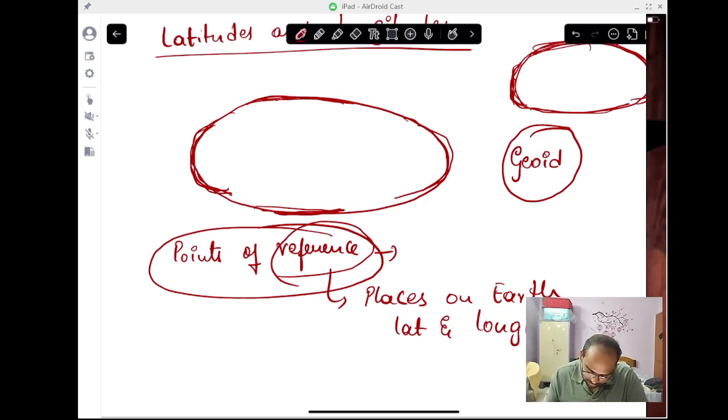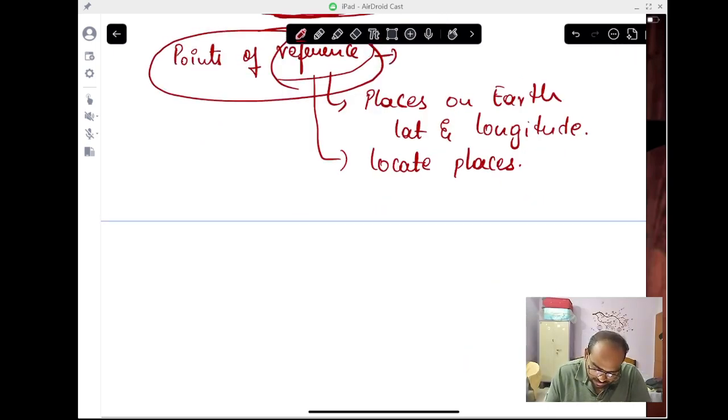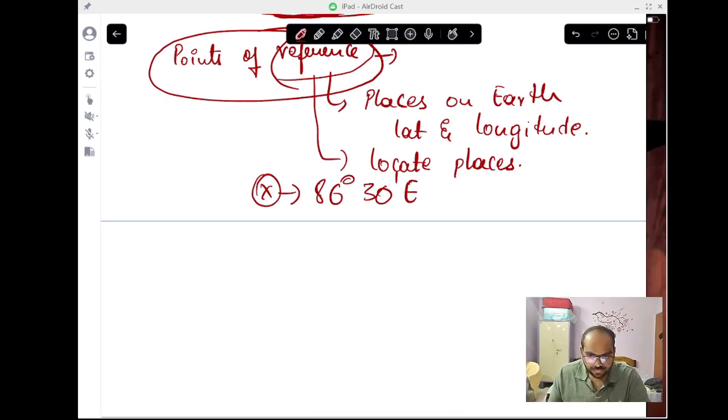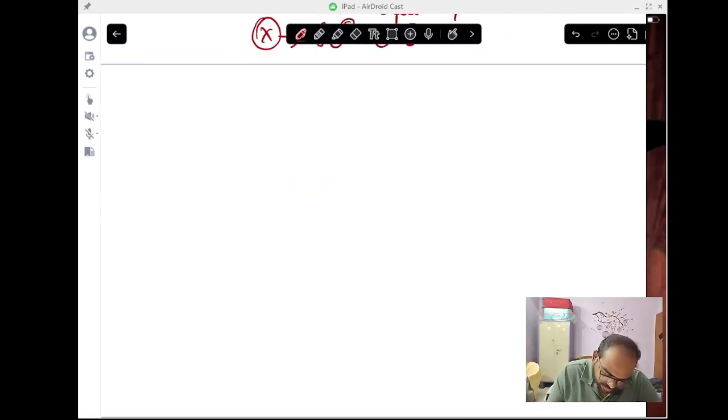If someone asks where is place X, we say 86 degrees 30 minutes east. In case of latitudes we use north and south, in case of longitudes we use east and west. Okay, now specifically coming to latitudes.